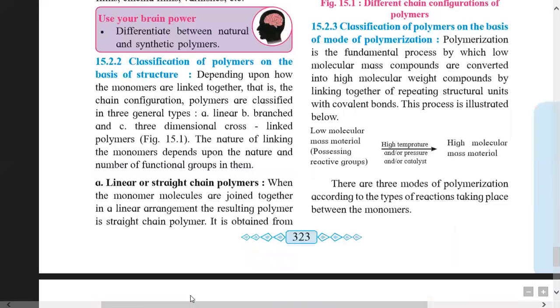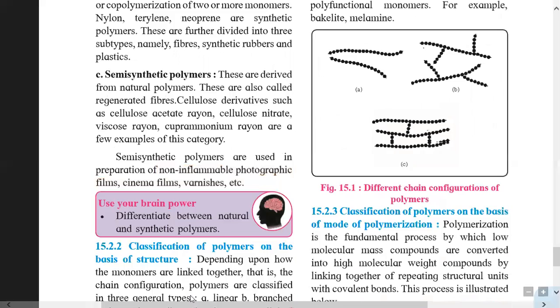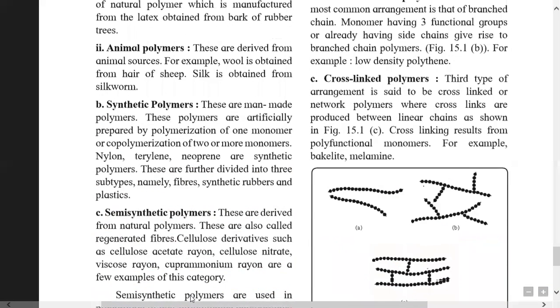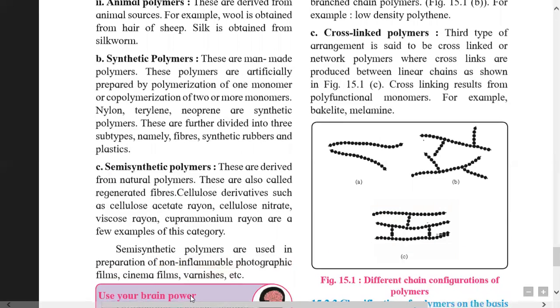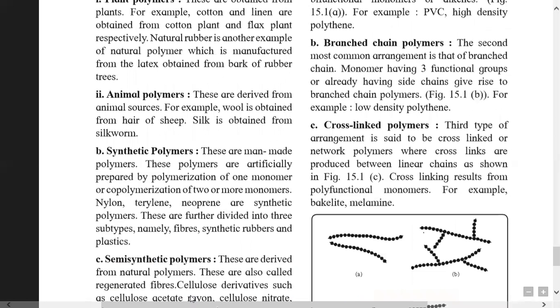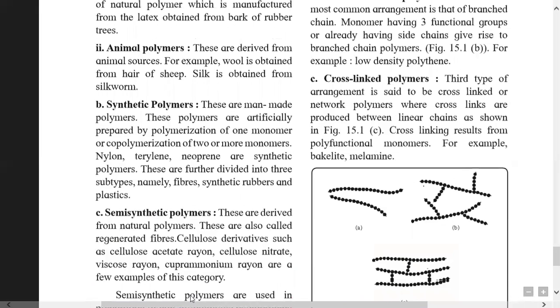The second type of classification of polymers is classification based on their structure. So on the basis of structure, these polymers are classified again into three types. That is linear polymers, branched chain polymers, and cross-linked polymers.